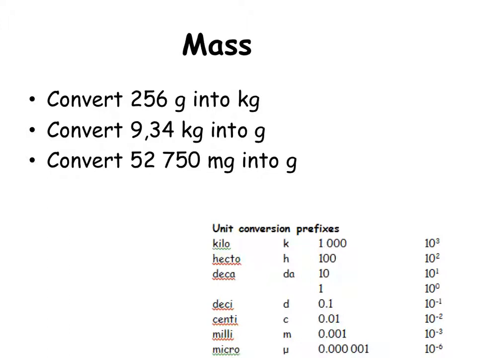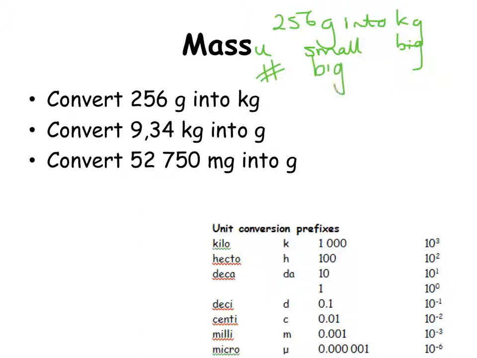If I'm going to convert with mass, I'm going to say, here I've got grams into kilograms, so let's write that down. 256 grams into kilograms. 1 gram is small, the unit is small compared to 1 kilogram, which is big. I then say the number will go from big to small, and therefore I need to divide.